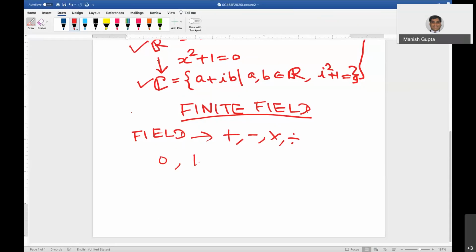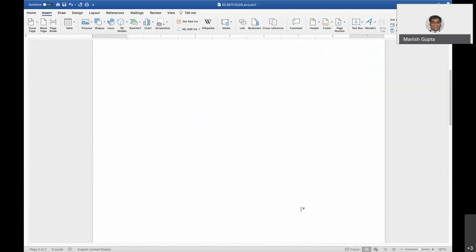Okay. So what I am going to do now, I am going to construct the integers modulo 2, Z2, consisting of 0, 1 with operations plus 2 and dot 2. So this is really interesting. Let me see what is this Z2.